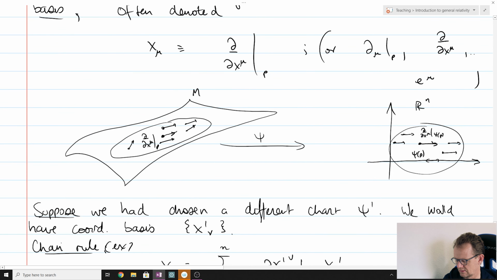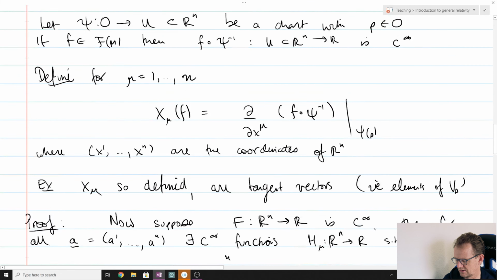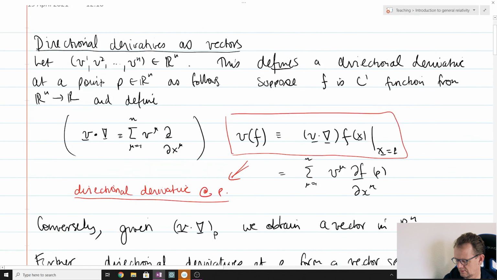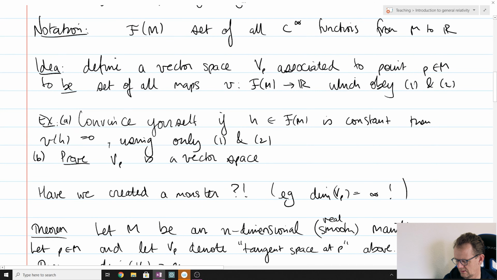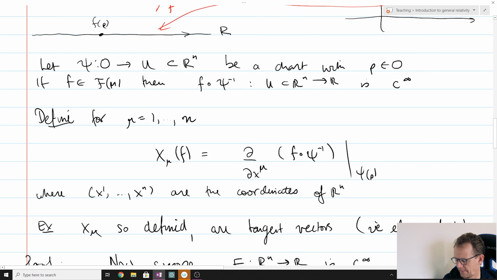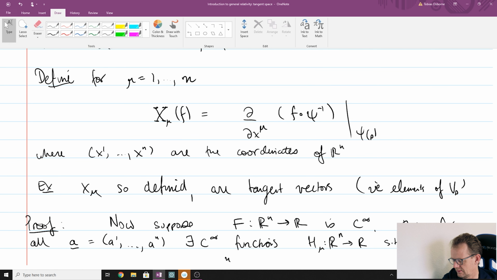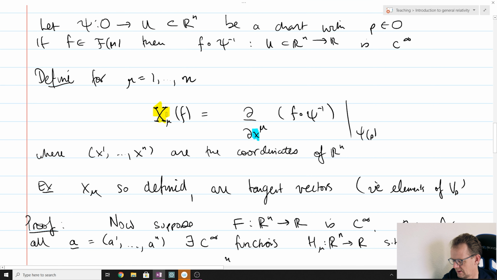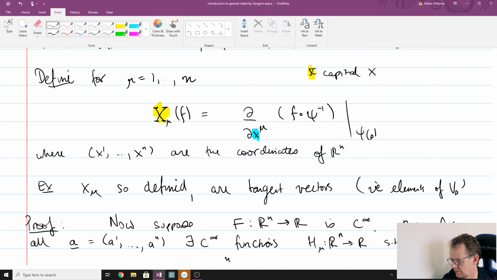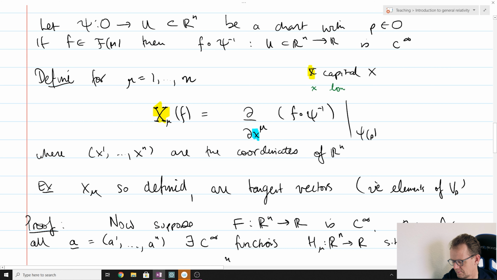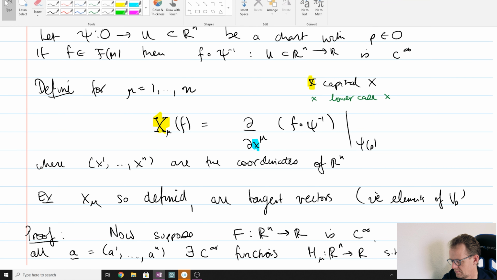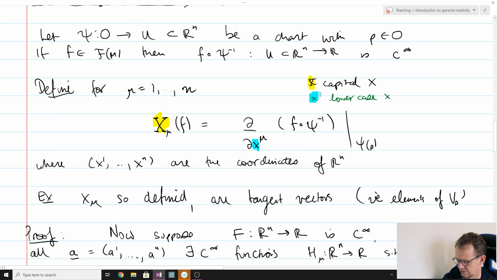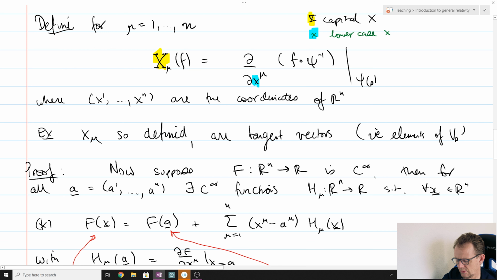Now I realize that we've got big X's and little x's in this story, and the notation may not be entirely clear. So let me just go backwards here through the notes and slightly update the notation to clarify this. We have this x mu here. This is meant to be a capital X, and this thing in blue is meant to be a little x. So the thing in yellow, that's a capital X, and the thing in blue is lowercase. So this potential confusion won't last for so long.